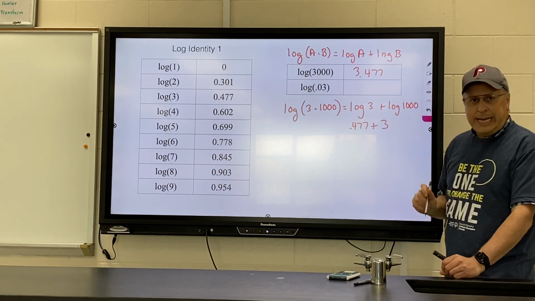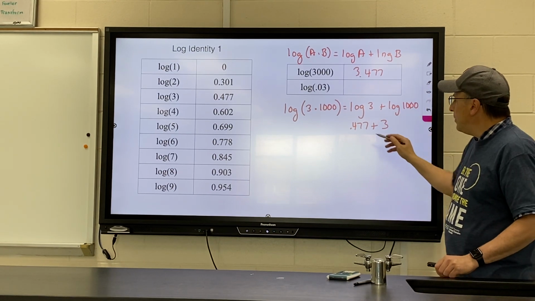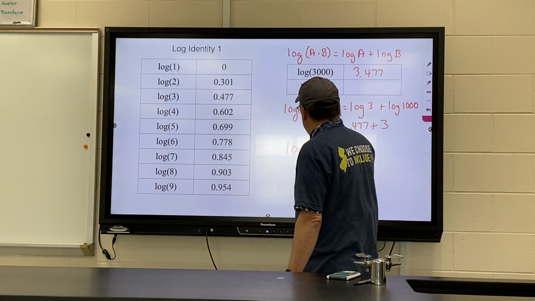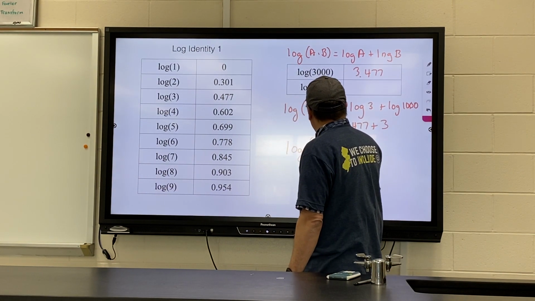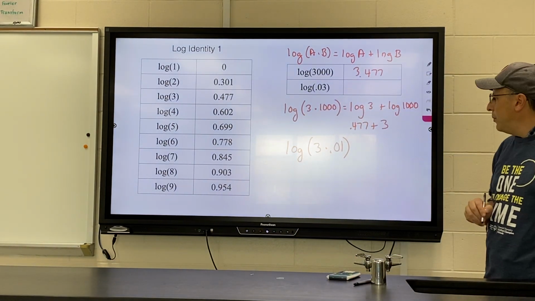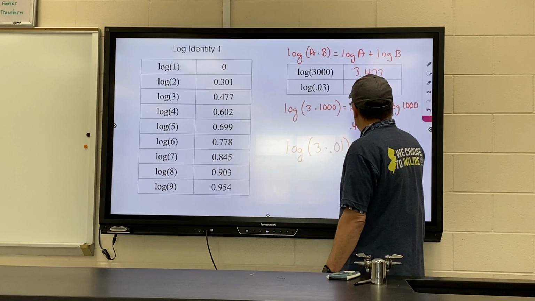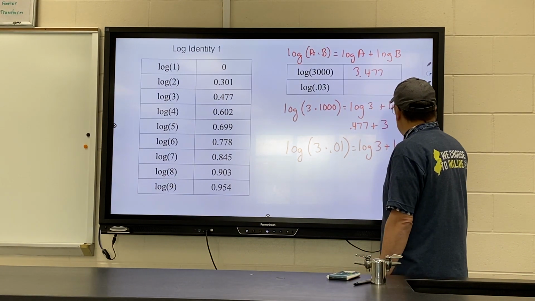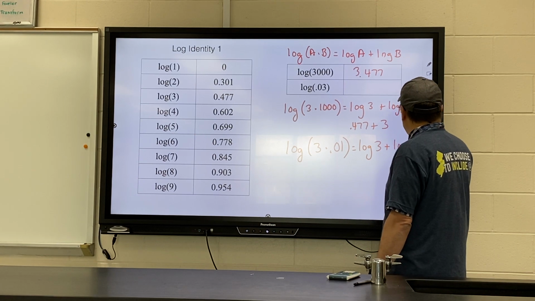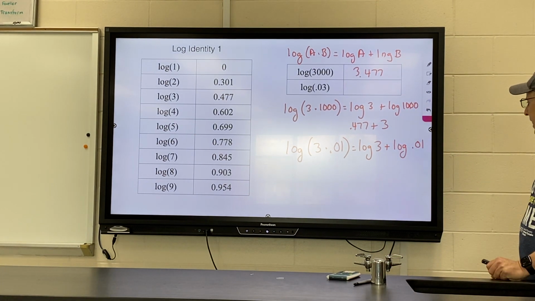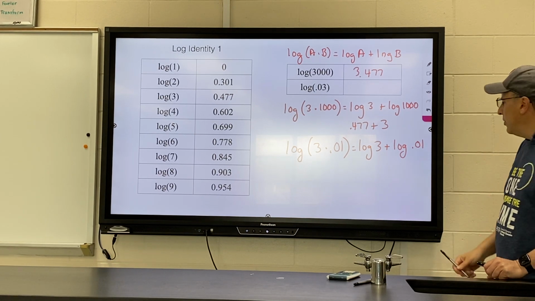We probably didn't need the rule there, but we would need it when we have a number like this, because we can't just do that in our head. But if we think of it as 3 times 0.01, we can now deal with this quite easily. So that should give us the same answer as if we did the log of the 2 separate numbers that we're going to multiply together and just add those 2 logs.